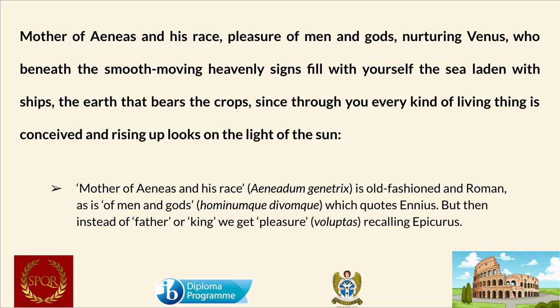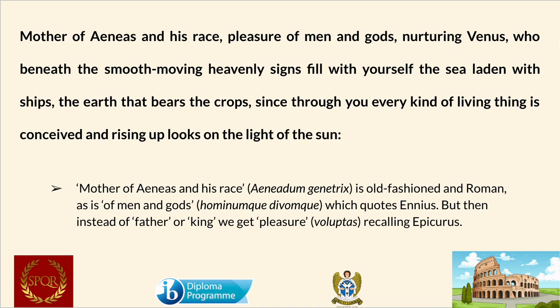So in some ways, it's very Roman, but the big difference is that instead of being told about Jupiter, for example, most Roman epics, if they're focusing on one god, they focus on Jupiter. What we actually get is pleasure.